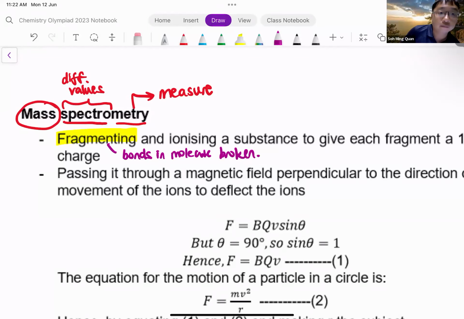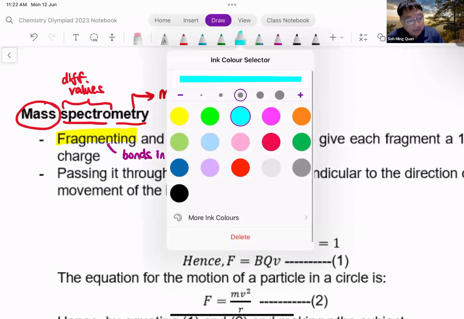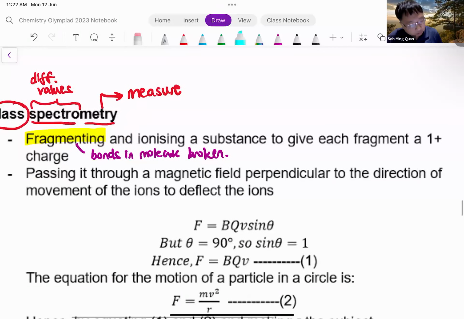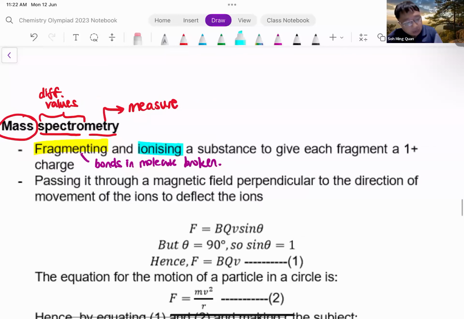Next, after doing that, we need to ionize the substance. Usually for mass spectrometry, the spectrometer is programmed to give it energy to ionize it to a 1+ charge.